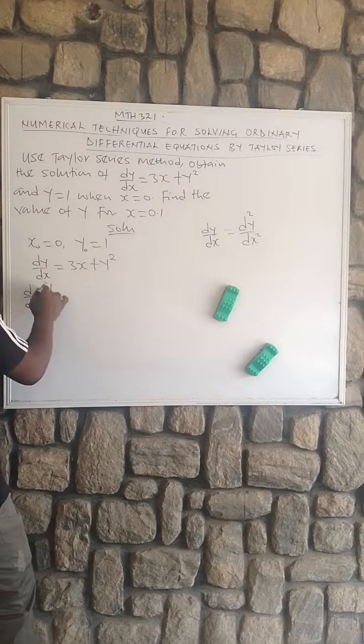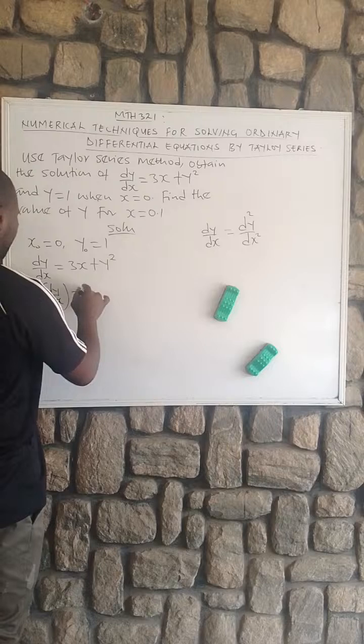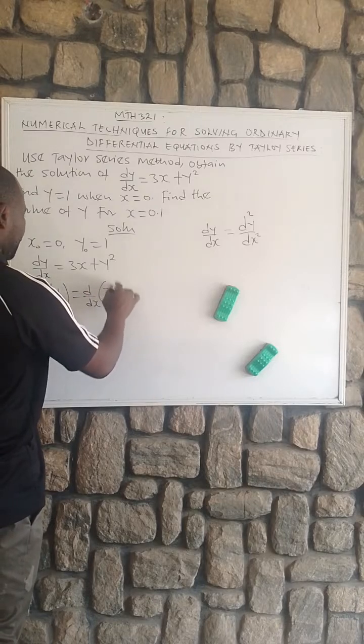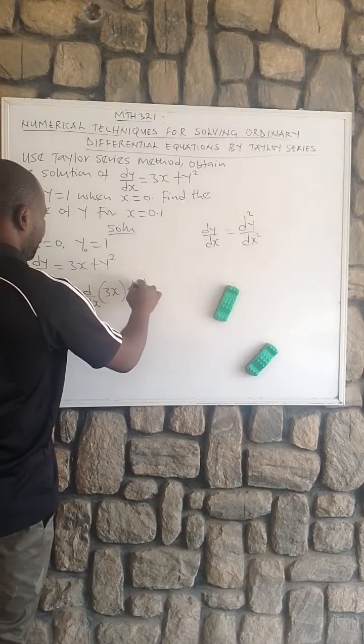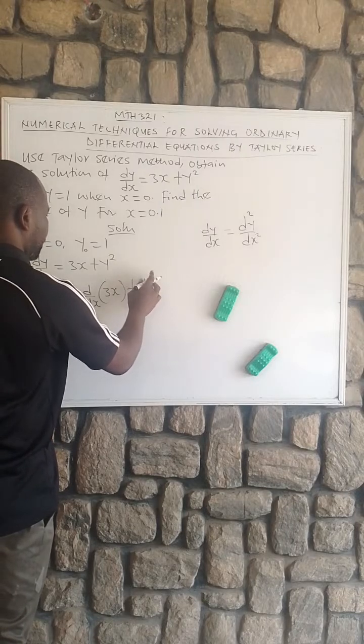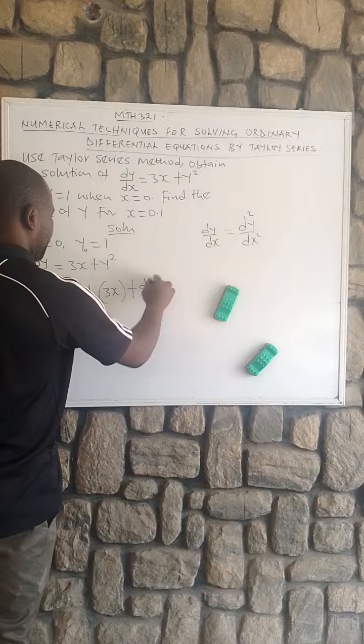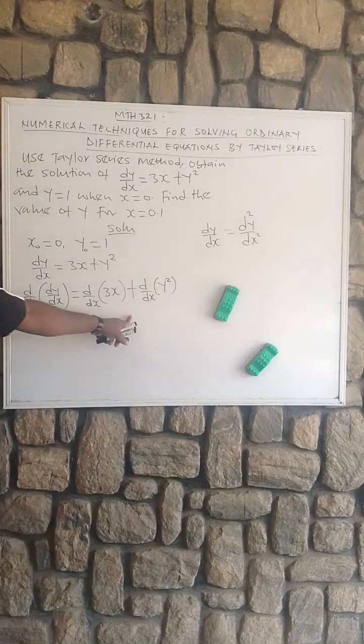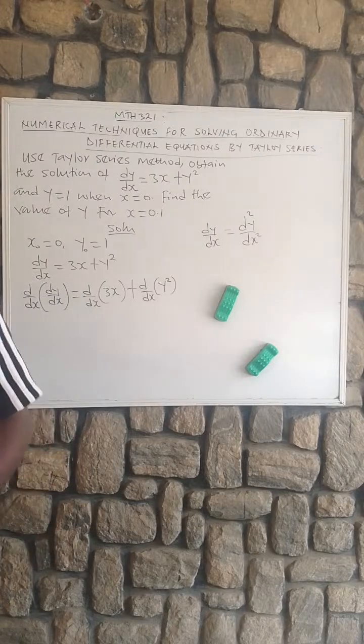It means dy all over dx equals, if you agree with me, d all over dx, open bracket 3x plus d all over dx, open bracket y squared, right? True or false? At least with this way you can understand it clearly.